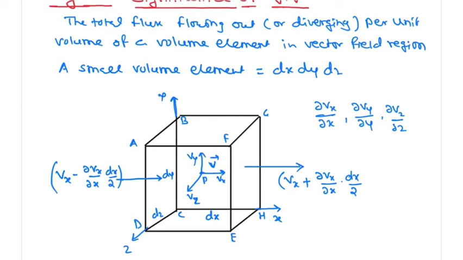Now, these two terms: the magnitude of the vector point function, directed normally at the center of the face ABCD of the volume element, is Vx minus ∂Vx/∂x into dx/2, and the other term, the magnitude of the vector point function, is also directed normally outward of the element at the center.